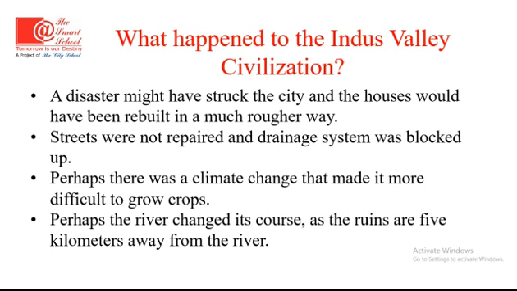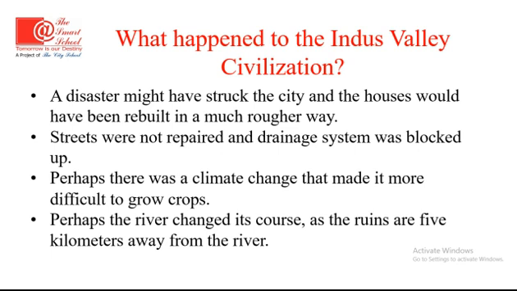And then, the other opinion is that perhaps there was a climate change that made it more difficult to grow crops. So why would it be the reason of decline? Because we have already studied that most of the Dravidians were farmers. If the climate changed and they couldn't grow crops, then definitely they would have left the place.